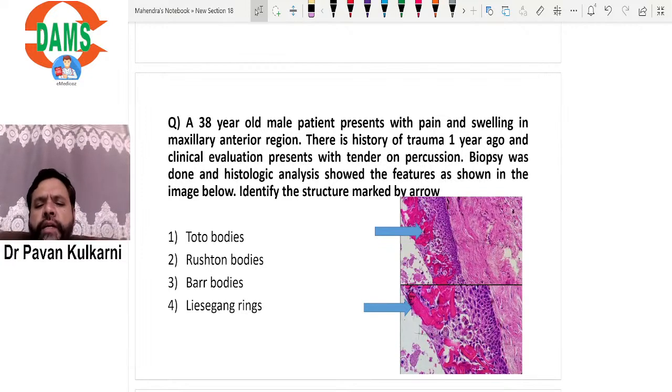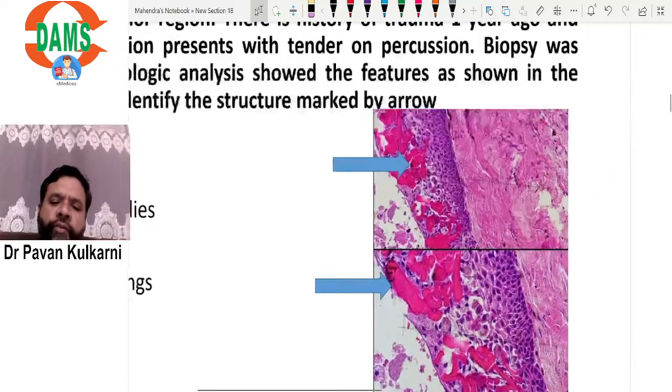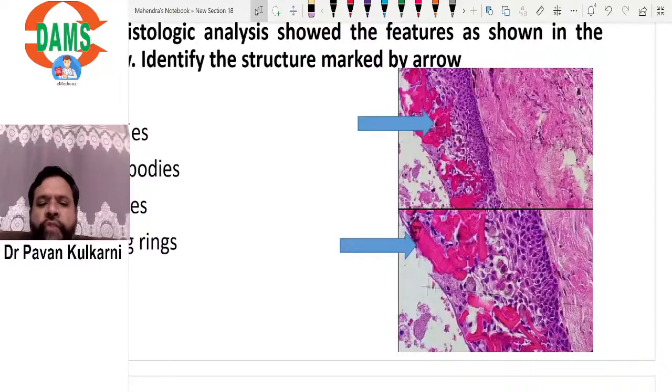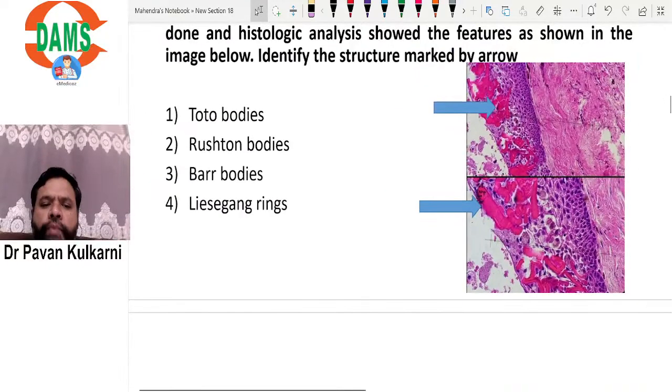See carefully here. In this image, I am able to see a lining. I am able to see a connective tissue. I am able to see a cystic lumen. So definitely it is going to be a cyst. And in this cyst, if you see carefully here, I'm just zooming this.